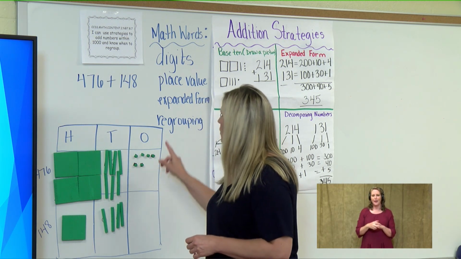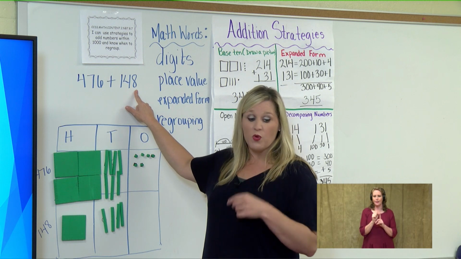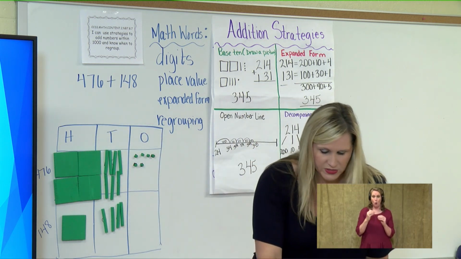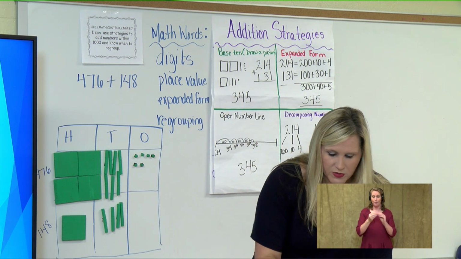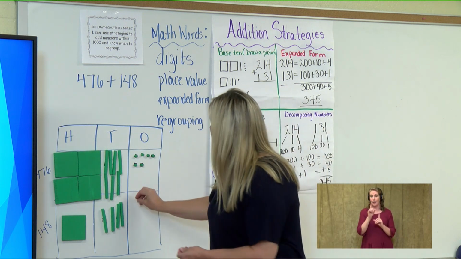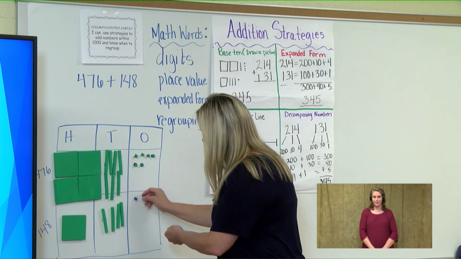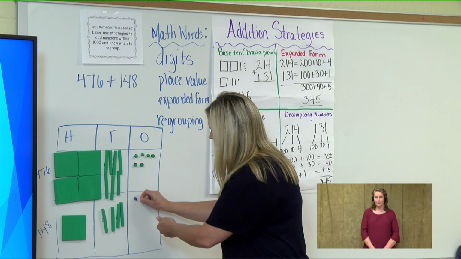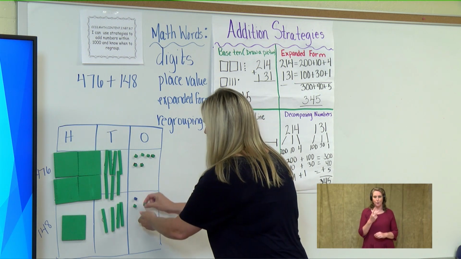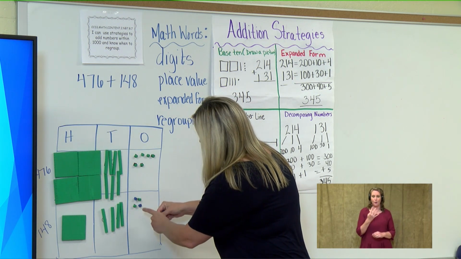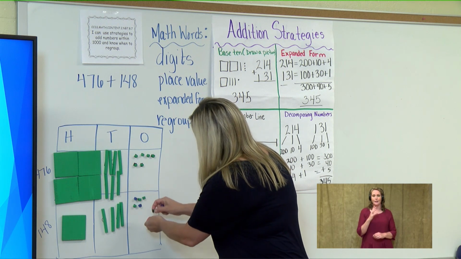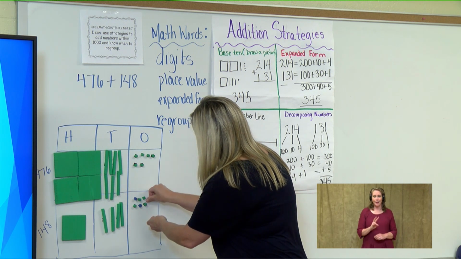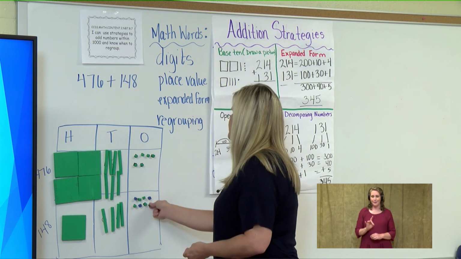And then how many ones? We have more ones in this number than we do in our other numbers. So we need 8 ones. All right, 1, 2, 3, 4, 5, 6, 7, 8.